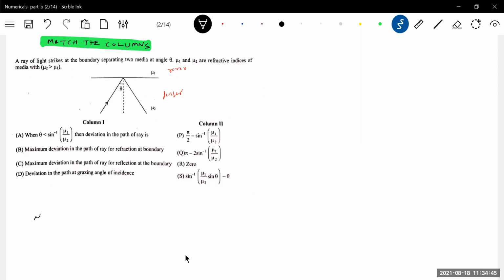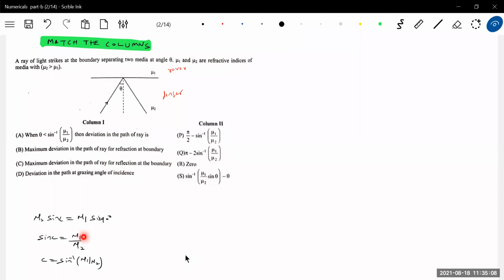We do define like this, no? Mu2 sine C is equal to mu1 sine of 90 degrees. Sine C equals mu1 by mu2, where C is equal to sine inverse of mu1 by mu2. Very simple.